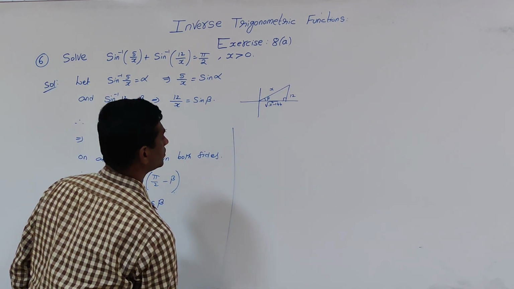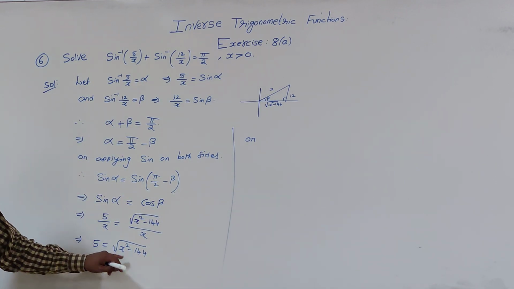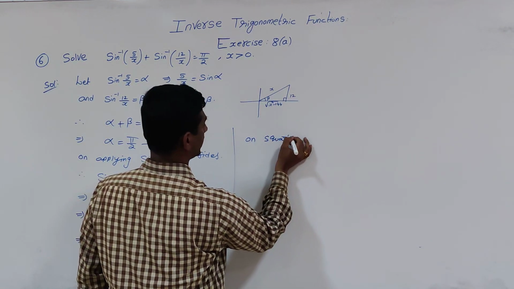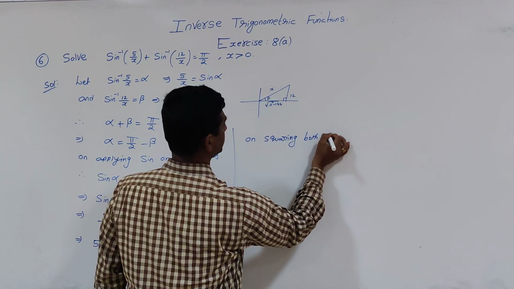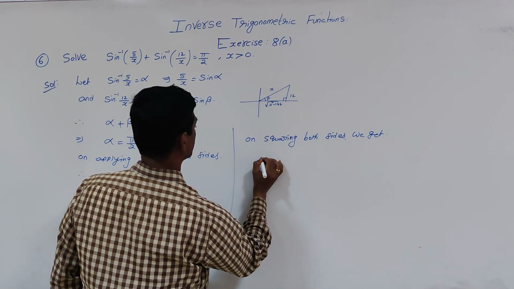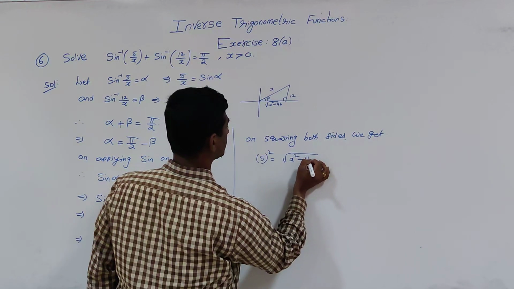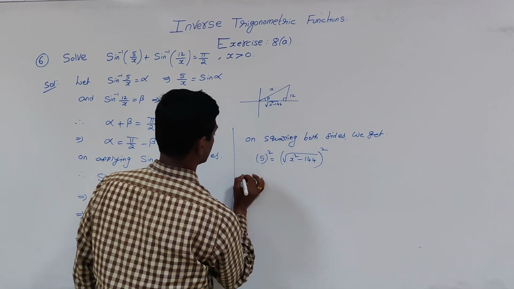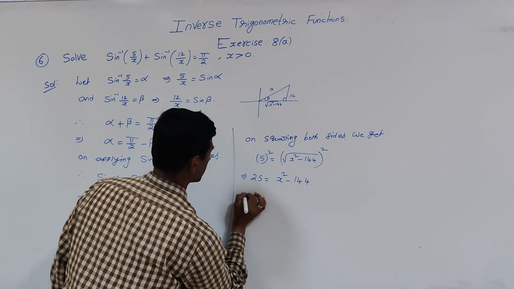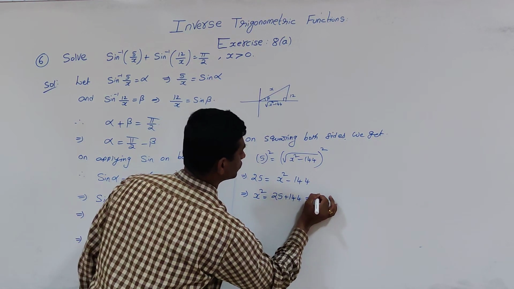On squaring both sides, because in order to remove the square root we have to go for squaring, and find the x value, we get 5 whole square is equal to under root of x square minus 144 whole square. So that is 25 is equal to x square minus 144, or x square is equal to 25 plus 144, and that gives 169.